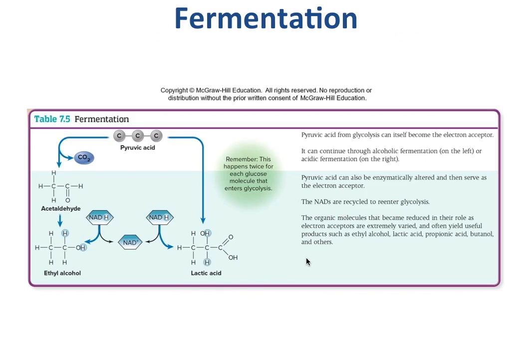For example, this is the diagram that shows fermentation. The first step is the same, glycolysis. Glycolysis makes the 3 carbon units, the pyruvate.